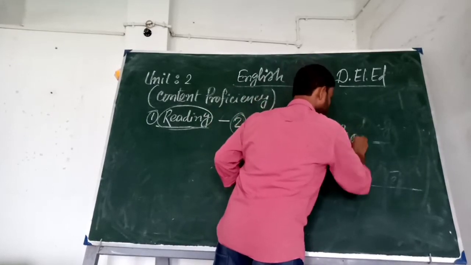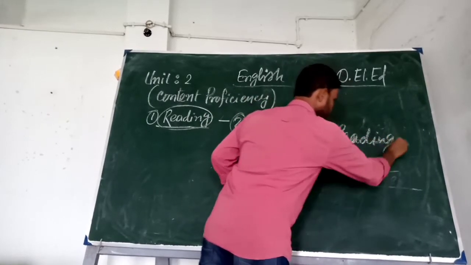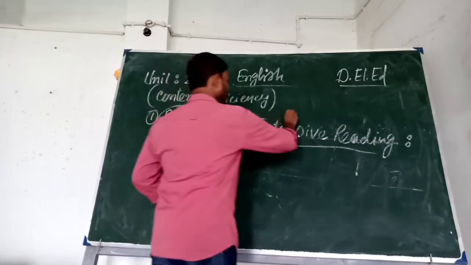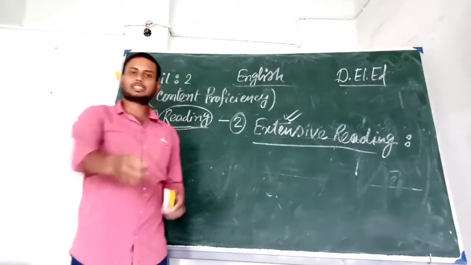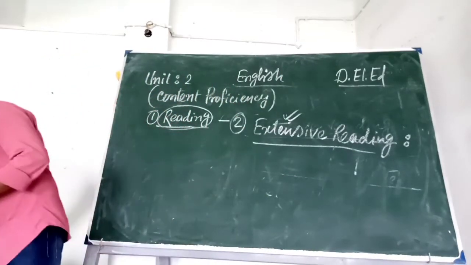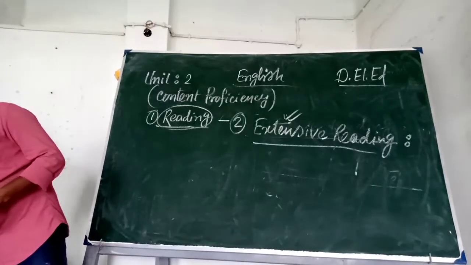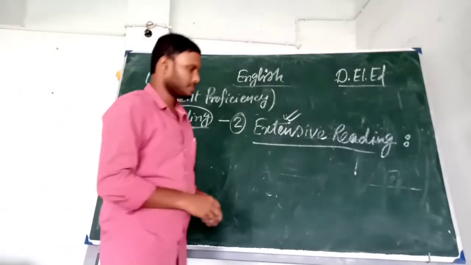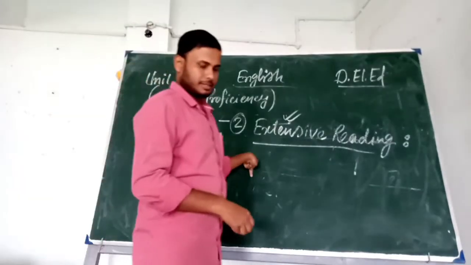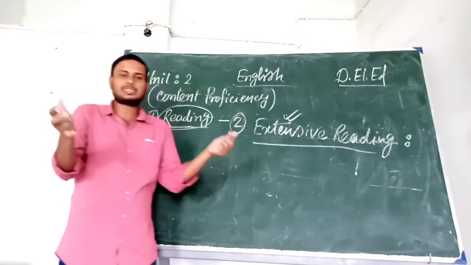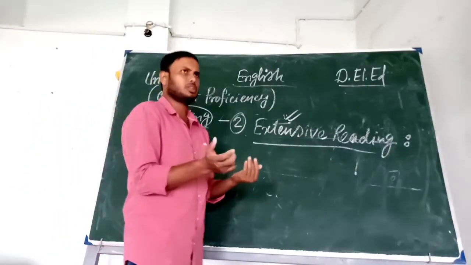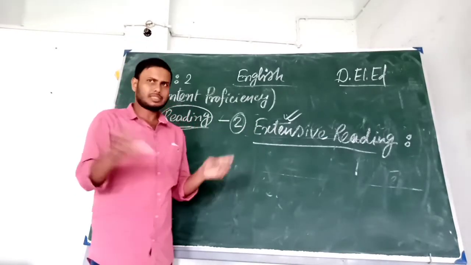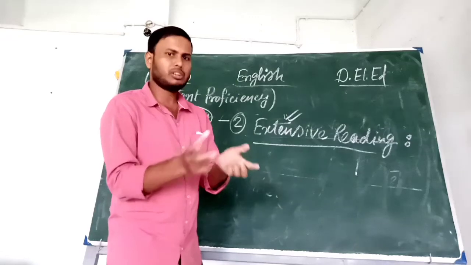The word extensive suggests a broad analysis of the text or other things. We give a general view of the topic. Suppose we read a newspaper, but we don't read it attentively or intensely.